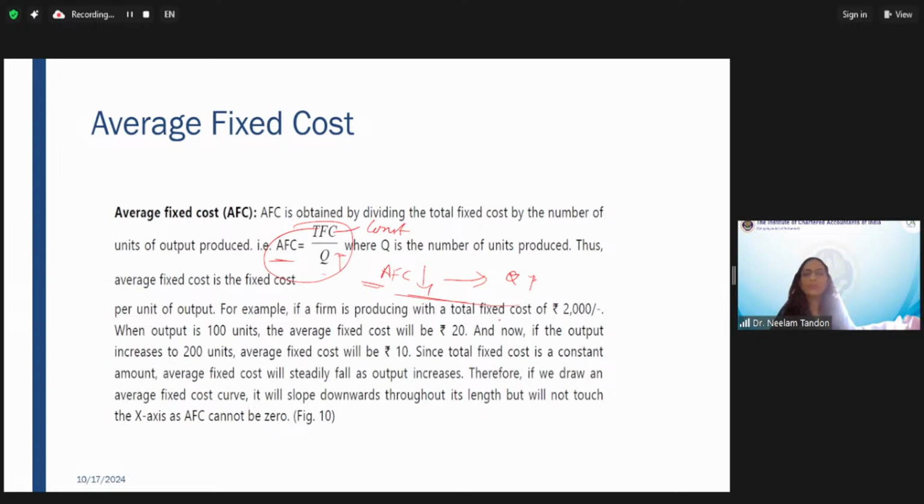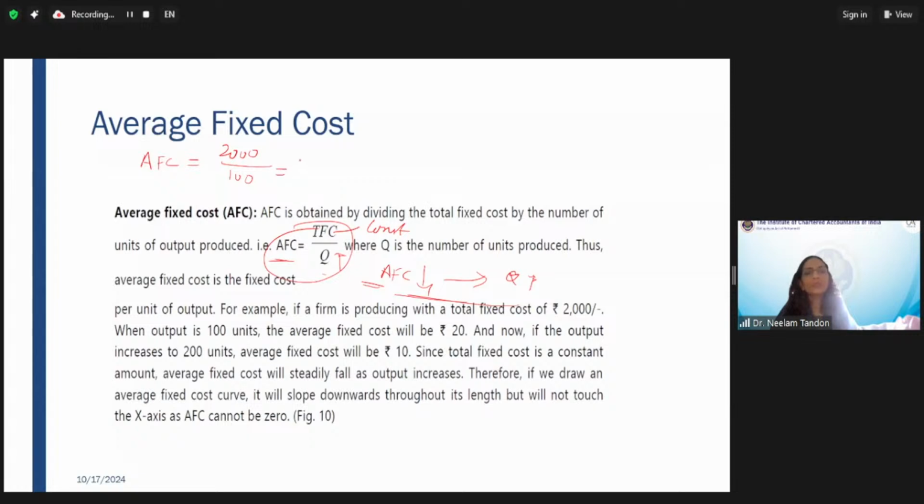If a firm is producing, they have given an example in your book also. Let's say the total fixed cost is 2,000 rupees and the output is 100 units. If you substitute in this, AFC is equal to 2,000 divided by 100 units.